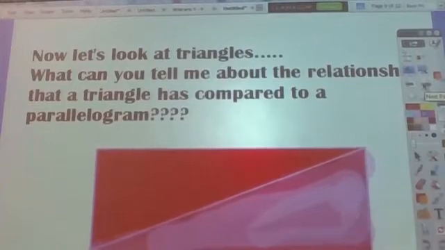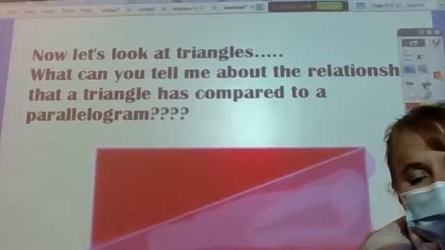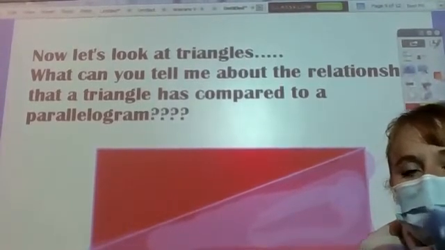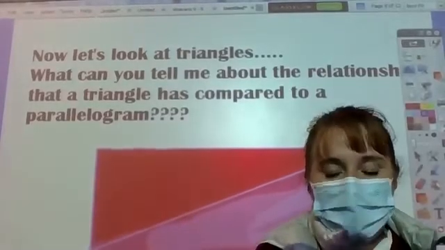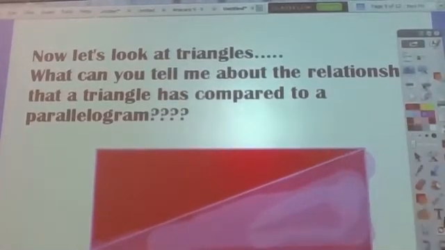All right, now that we know about parallelograms, let's take a peek at triangles, because this is where we had issues yesterday. Okay, so what can you guys tell me right now about the relationship between a triangle and the rectangle? So what these guys came up with is this.